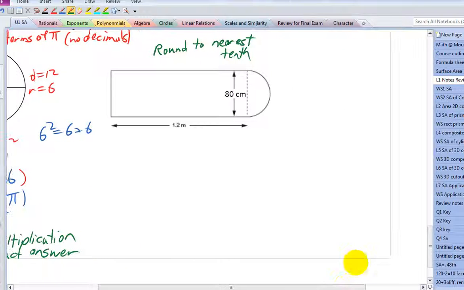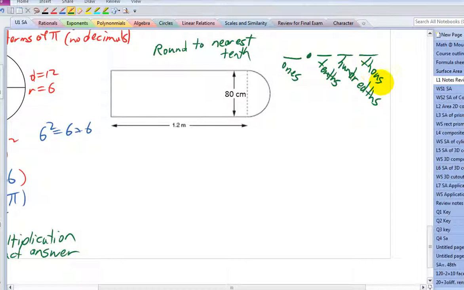So let's go over our place values. This would be your ones, decimal. So that's your ones. This is your tenths. What's the next one? Hundredths. So I don't say 2 decimal places, I say round to nearest hundredth. Very rarely, though, you should know that this is the thousandths.